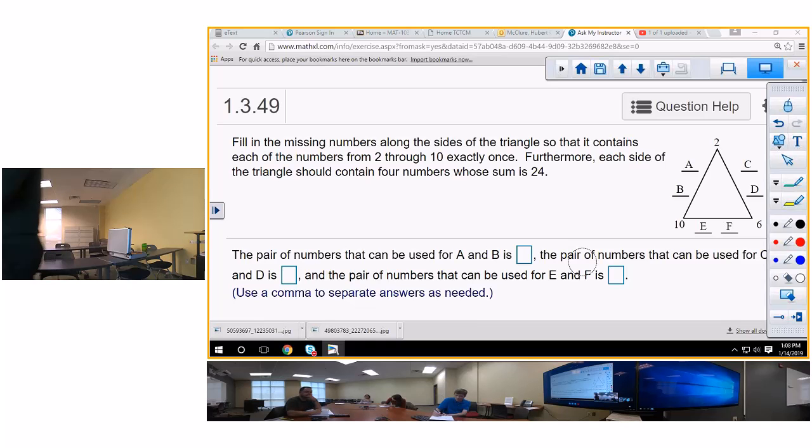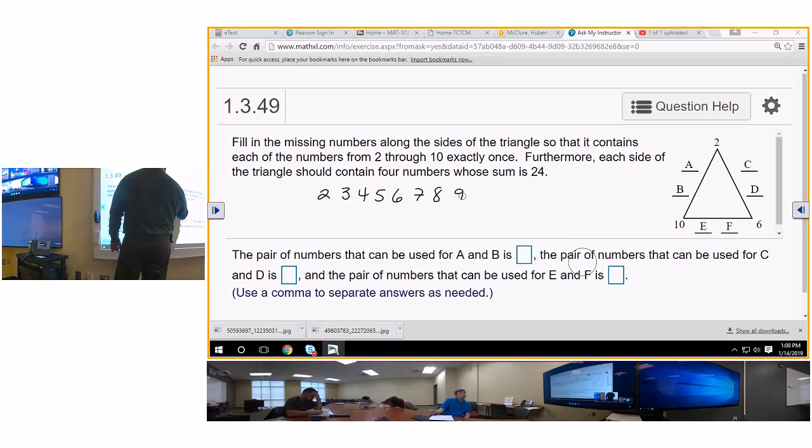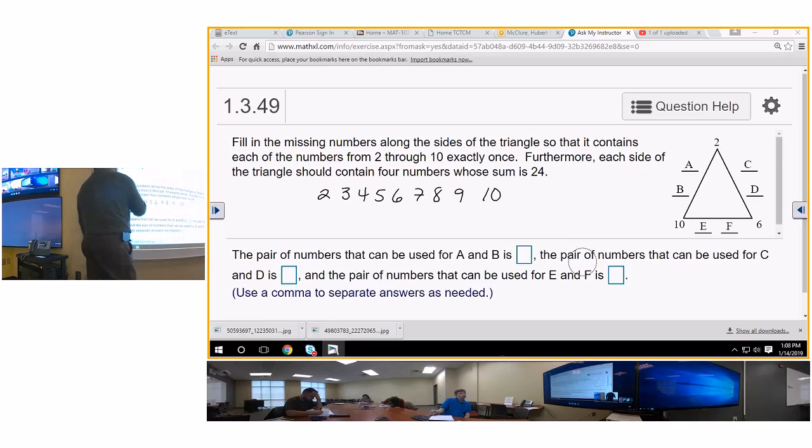So let's write the numbers 2 through 10 down. 2, 3, 4, 5, 6, 7, 8, 9, 10. You can't use 2, you can't use 6, and you can't use 10, because they're already being used.